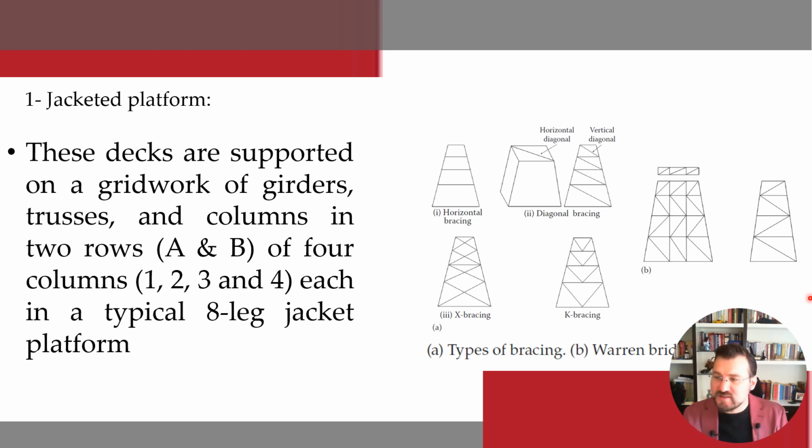So the leg spacing in the transverse direction is approximately 45 feet, which depends on the dimensions of the drilling and production package to be placed on the deck. The decks normally extend and overhang beyond the boundary outlined by the jacket legs by about 12 to 15 feet.